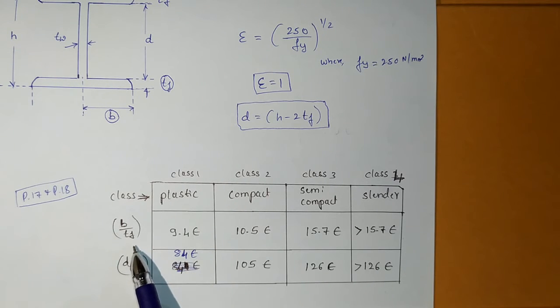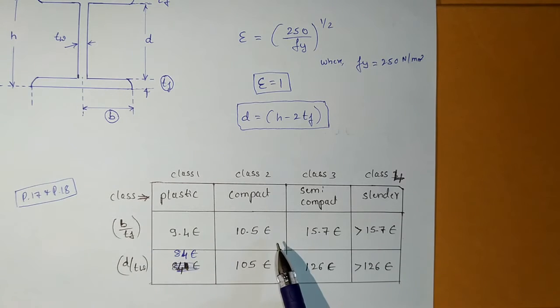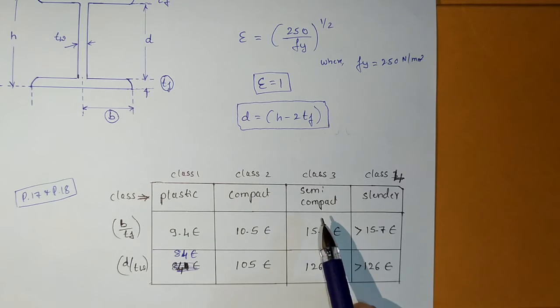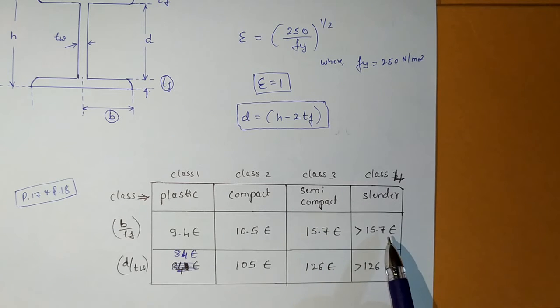If it is between 9.4 and 10.5 epsilon, it is a compact section. If it is between 10.5 epsilon and 15.7 epsilon, it is a semi-compact section. If it is greater than 15.7 epsilon, it is a slender section.